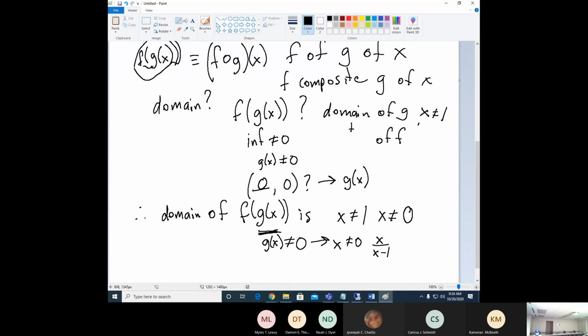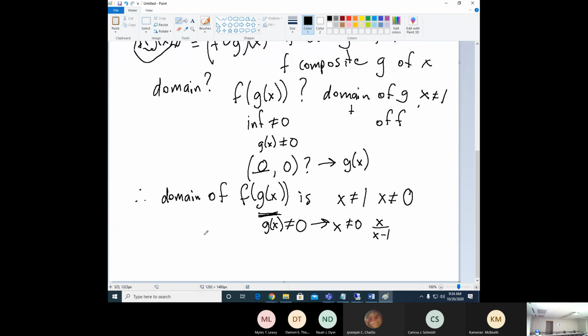Does that make sense? What I just did, I made two functions, f of x and g of x. And remember, whenever you have f of g of x, that means the output of g of x is what feeds f.